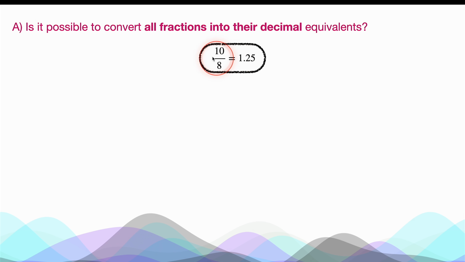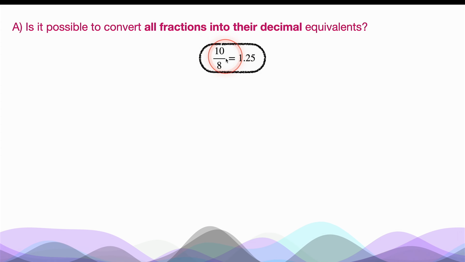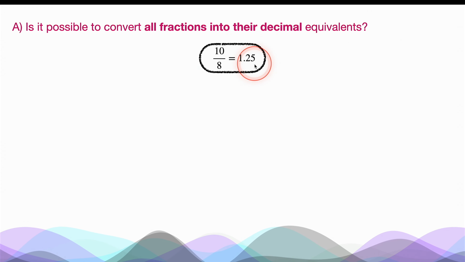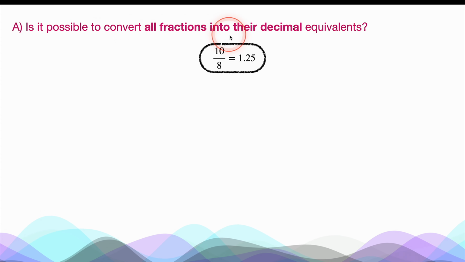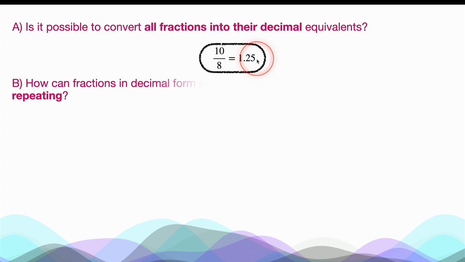Like another example, 10 by 8, we got 1.25. Here we are converting a fraction, 10 by 8, into a decimal equivalent, 1.25. So is it possible to do this for all the fractions? That's the first question.